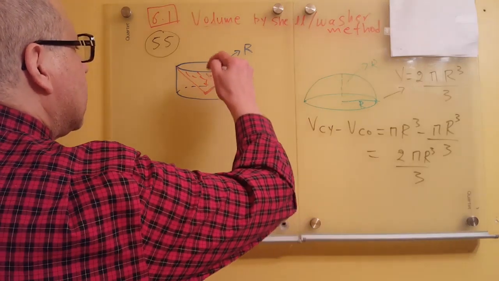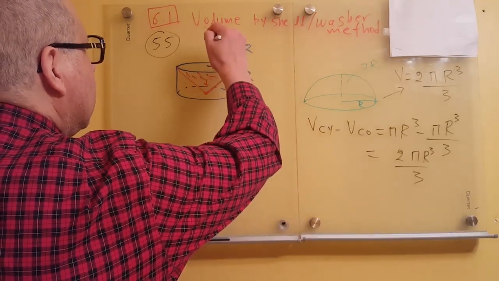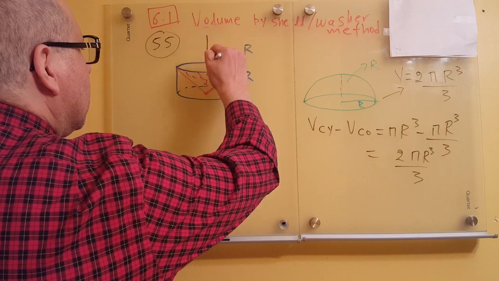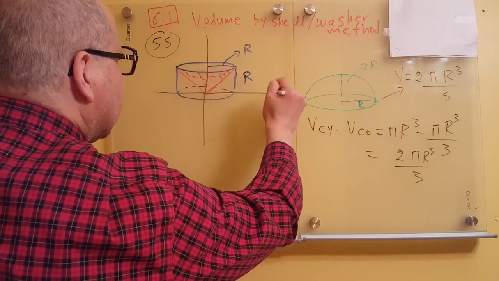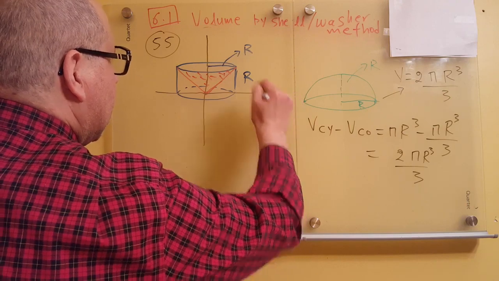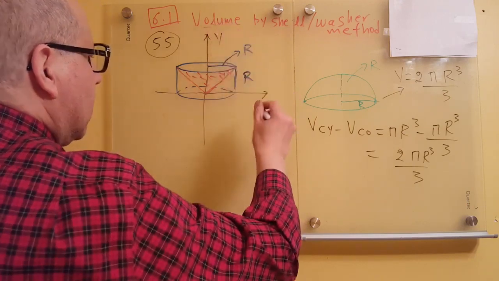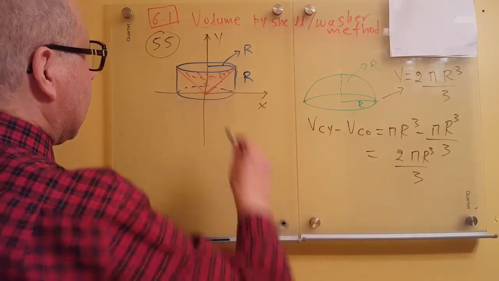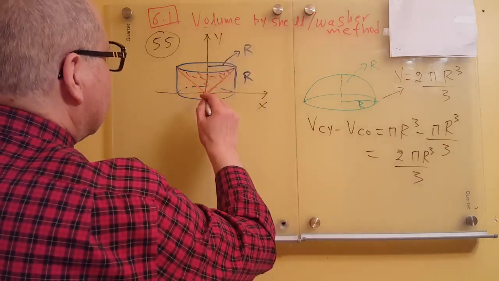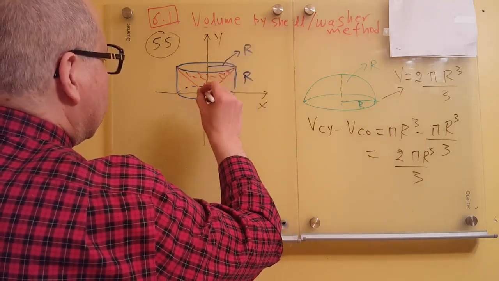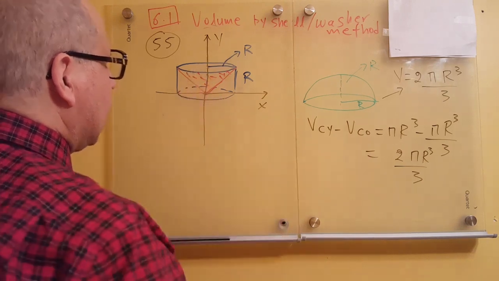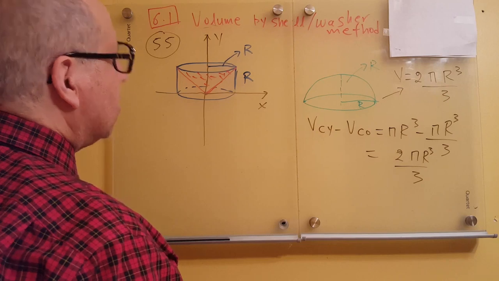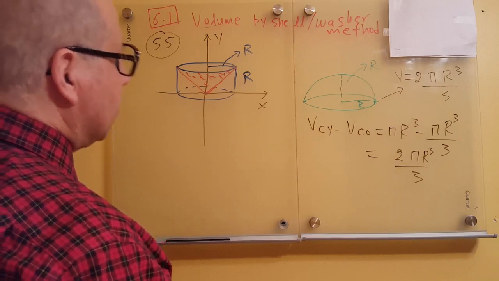So let's assume that we put this cylinder on the x and y axis in such a way that this would be the x-axis and this would be the y-axis. So that means that, let's say, the end of the cone is exactly on the origin of our Cartesian system.